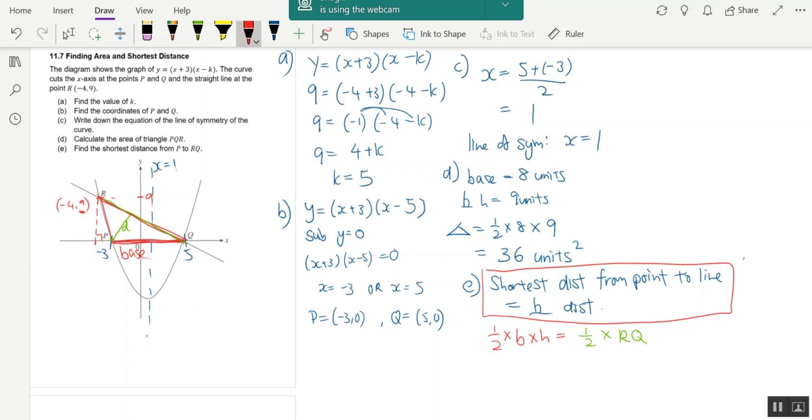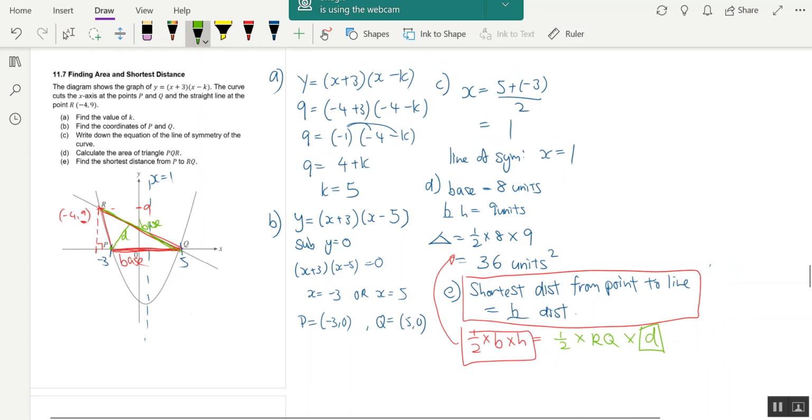The red one, we use this to find 36 already. It is equal to half times RQ, because if now I use RQ as the base, times d. Okay, and d is the unknown that we need. So if I want to find out what is d, what is one other thing that I do not know yet? I do not know RQ. So I need to find out what is RQ first.